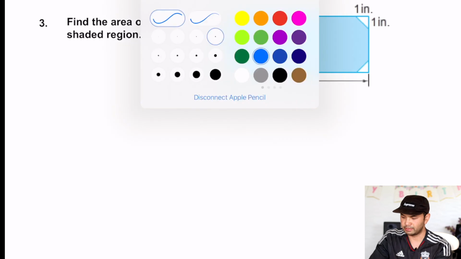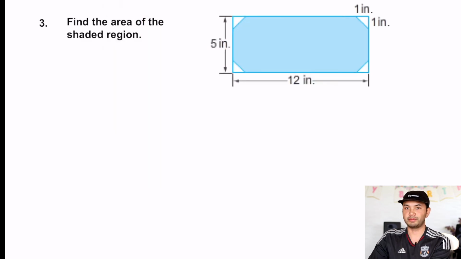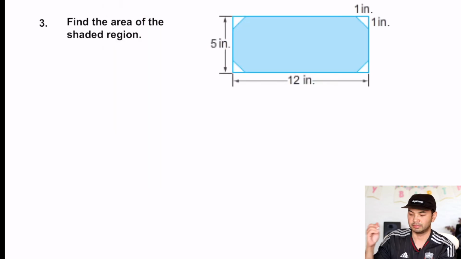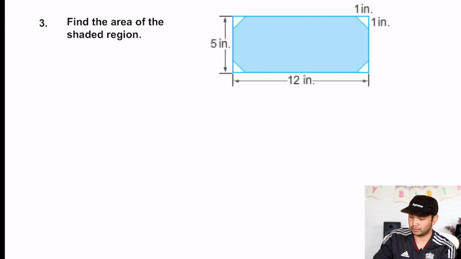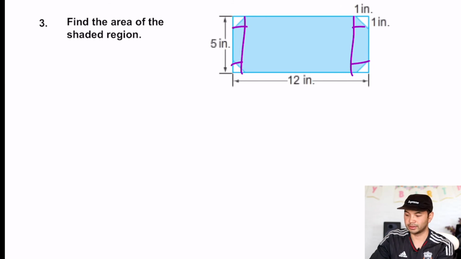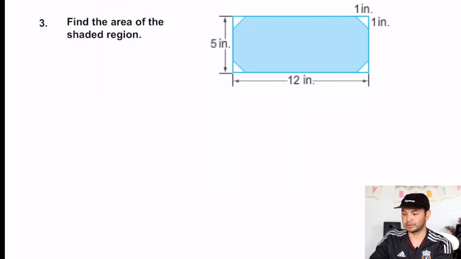There's actually several ways to do this. There's like 3 ways that pop up automatically. Maybe the not so common ways would be to split it up into 2 trapezoids and 1 rectangle, or 2 trapezoids and 1 rectangle this way, or even something like 3 different rectangles and 4 triangles and add them all up. But I'm guessing that you're thinking, no, Mr. Bella, that is not the way you're supposed to do it. So what I'm going to do is actually not add, I'm going to subtract.